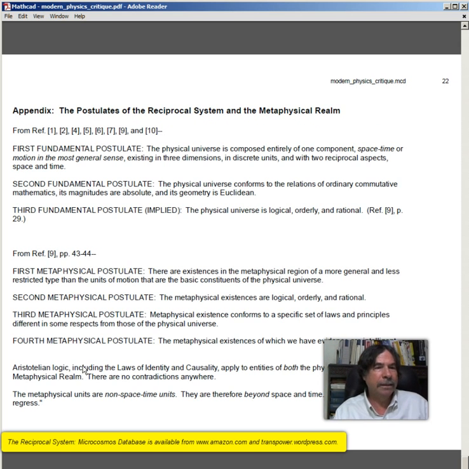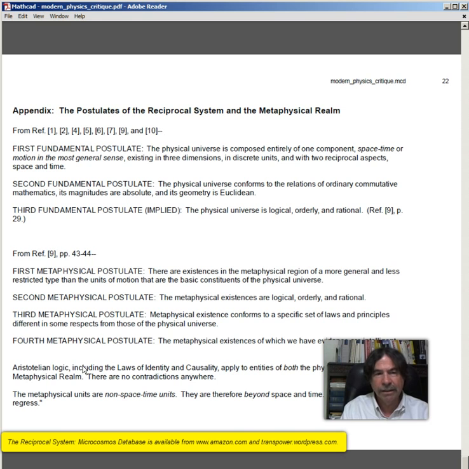Now let's go over the appendix here carefully. These are the postulates of the reciprocal system and the metaphysical realm. The first fundamental postulate. The physical universe is composed entirely of one component, space-time, or motion in the most general sense, existing in 3 dimensions, in discrete units, and with 2 reciprocal aspects, space and time.